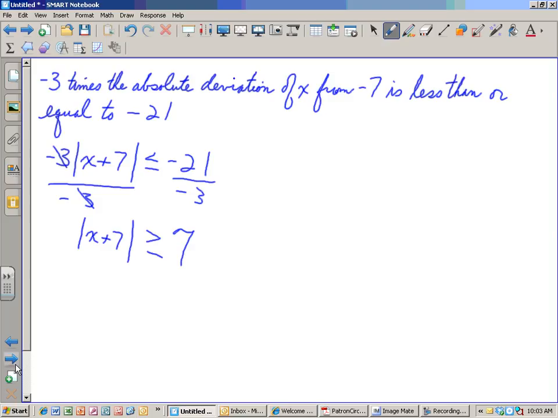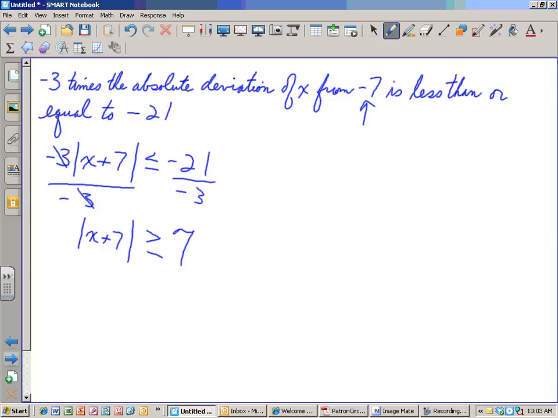Or x minus a negative 7, which is x plus 7. So what you want to think of here is just change this sign here. Do you always change it? I don't want to say always, but in this particular problem, when it says the absolute deviation of x from this number, then you change the sign of this number. Why would it change though? Wouldn't it just say minus 7? No, it's x minus a negative 7.